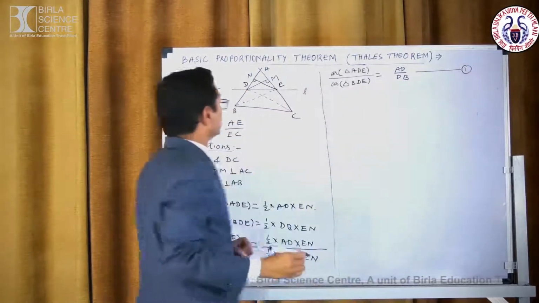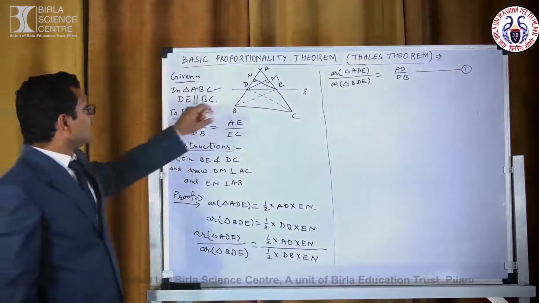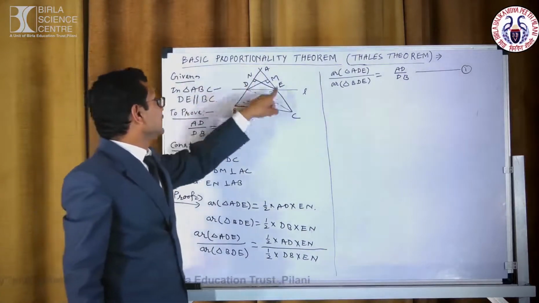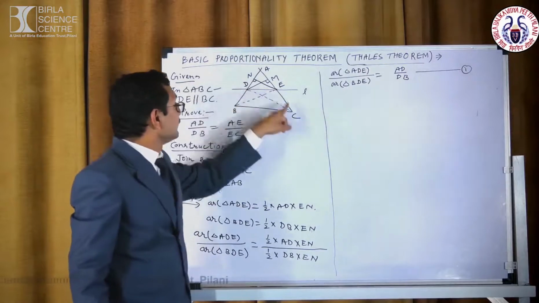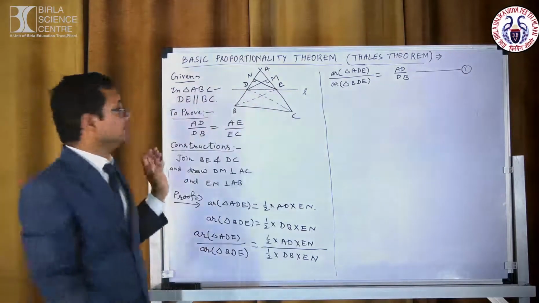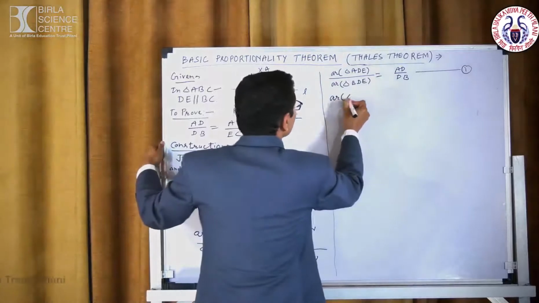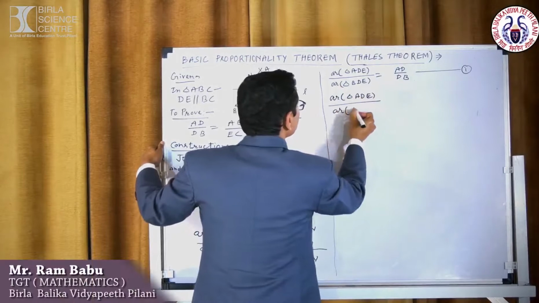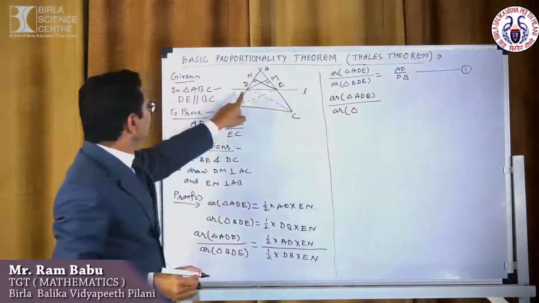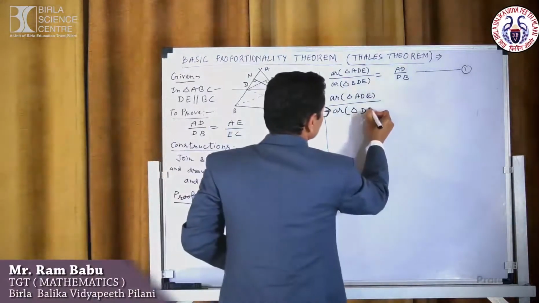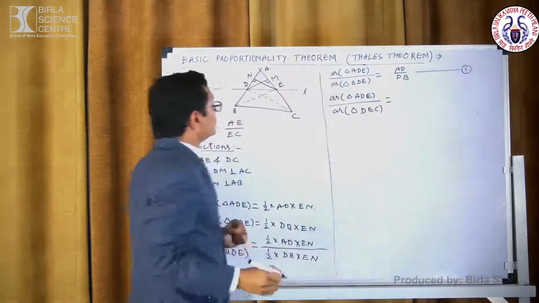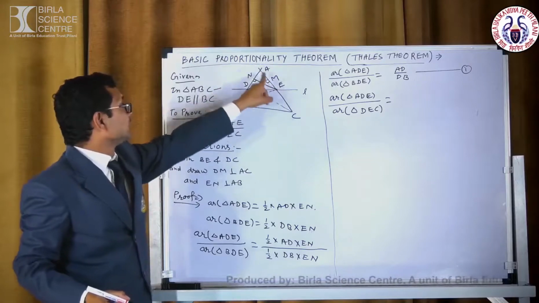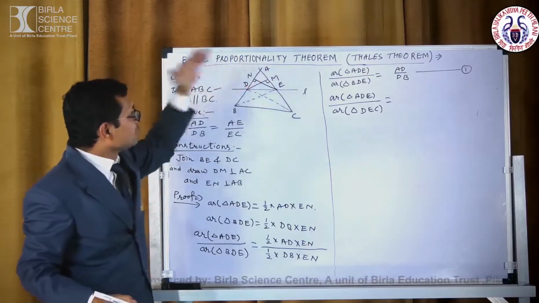This is the first equation. Now again we will find the ratio of the area of triangle ADE to the area of triangle DEC. So area of triangle ADE upon area of triangle DEC is equal to, for triangle ADE, base is AE and perpendicular height is DM.